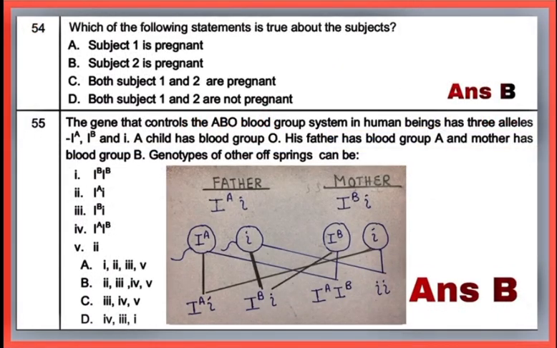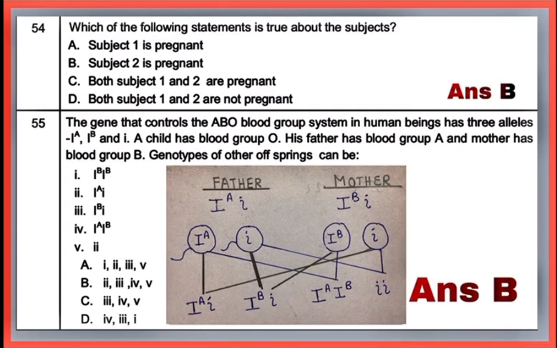Question 54. Which of the following statements is true about the subjects? Option B. Subject 2 is pregnant. Question 55. The gene that controls the ABO blood group system in human beings has 3 alleles, IA, IB and small i.